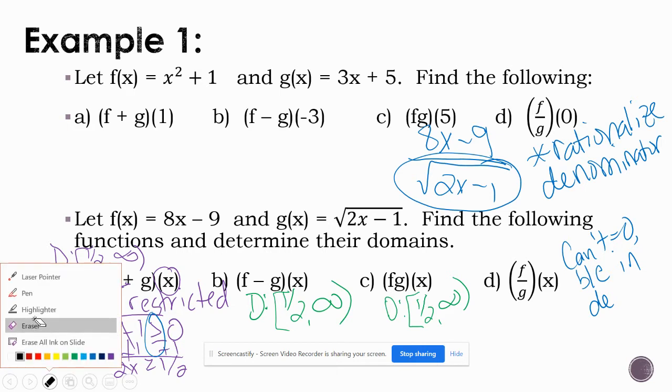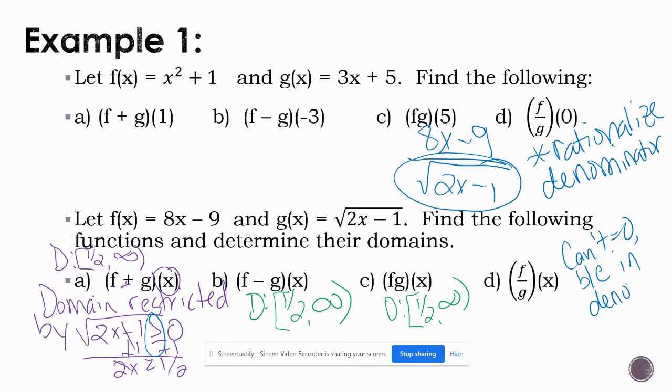Sorry about that. So if it's not equal to 0, then we have 2x minus 1 is greater than 0. So we still have the 1/2, but the difference is rather than a bracket, it's a parenthesis for our domain because it cannot be equal to.